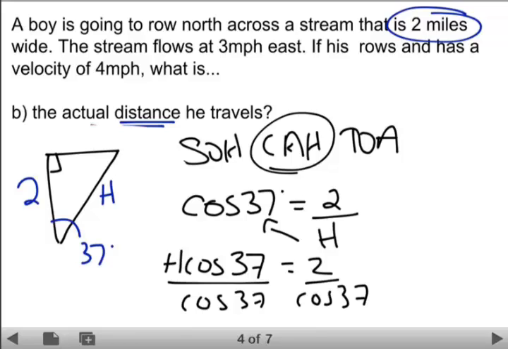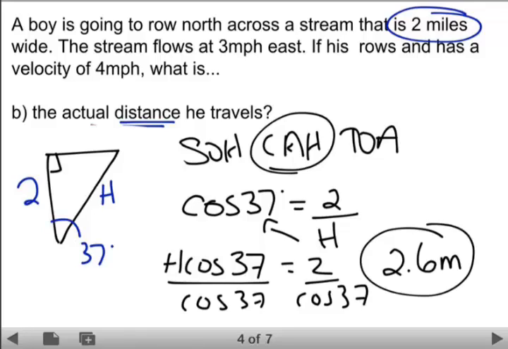Okay. Once you've done that, you should get about 2.6. Okay, so 2.6 miles. All right, so this is a distance triangle, and the hypotenuse is 2.6 miles.